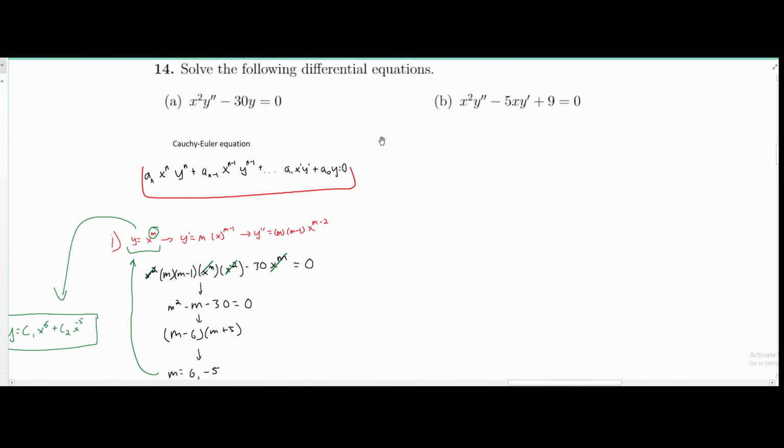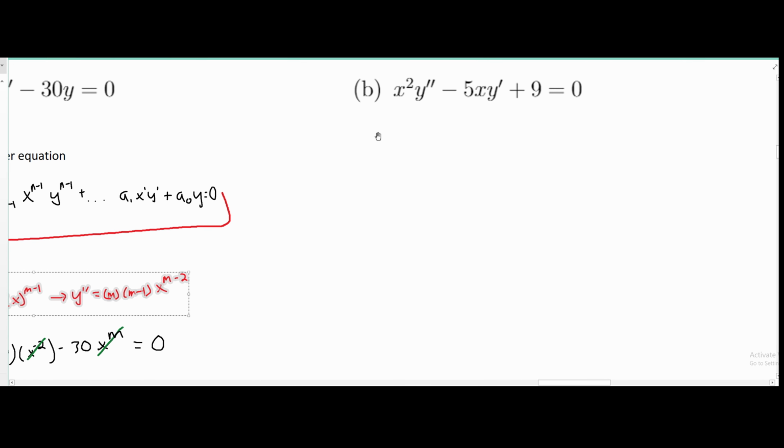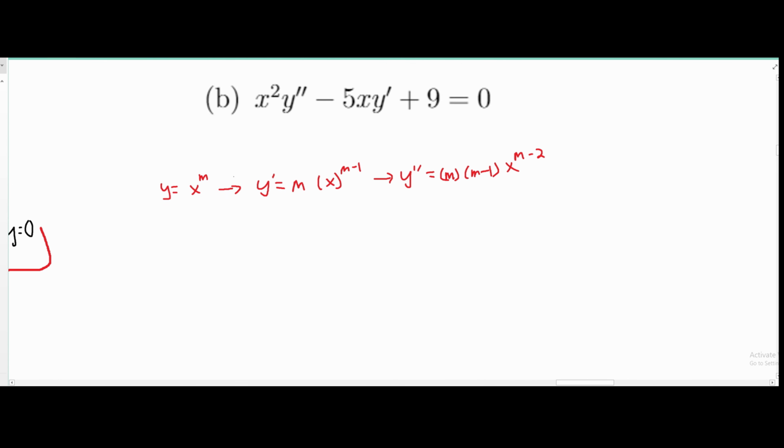For part B, we're going to do the same thing since it's in the Cauchy-Euler form, and we are going to use this. So we're going to do the same thing, just with different numbers. From here, we're going to plug in our values.